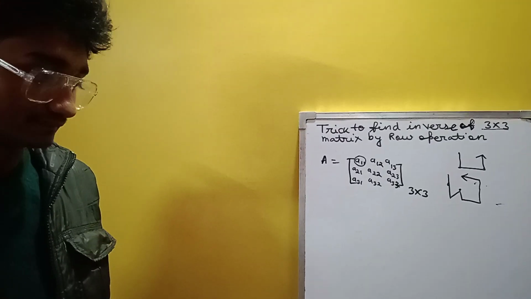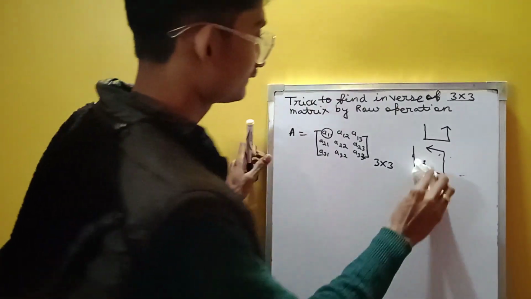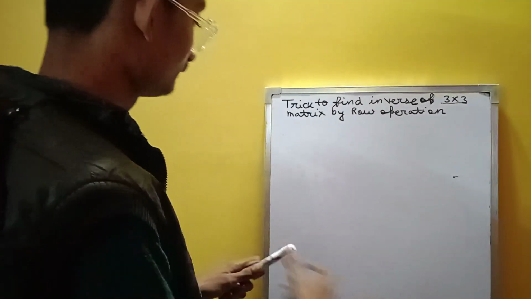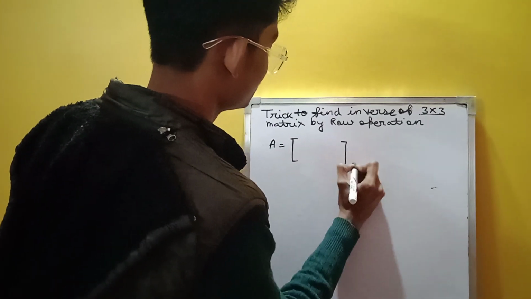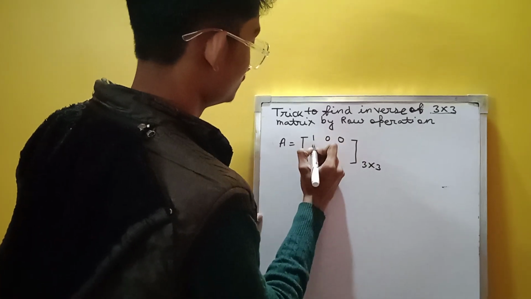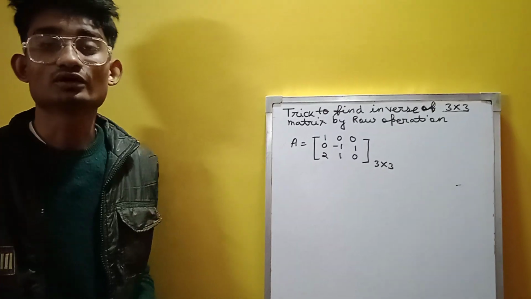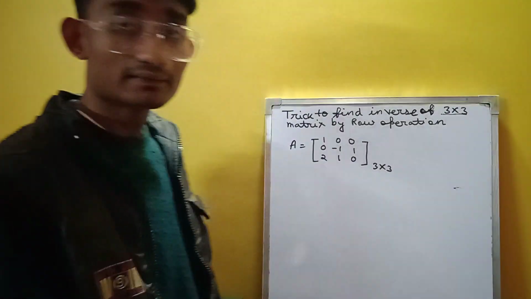So let us give an example of this problem and see how it works. Let's say A is a matrix of order 3 cross 3: 1 0 0, 0 negative 1 1, and 2 1 0. It has 3 rows and 3 columns. So what was our trick?